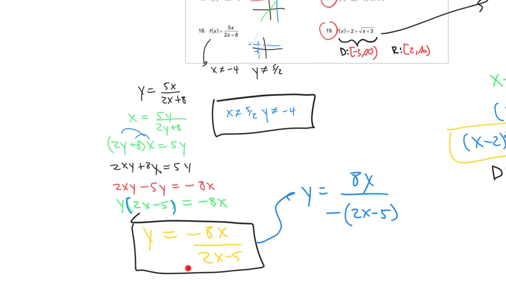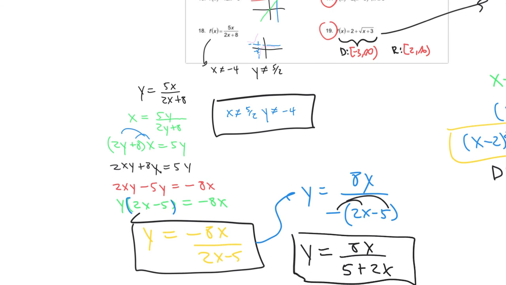So this negative could go down here. Why not? And you could also distribute the negative into the parentheses on the bottom. So if you were intent on making sure that the fraction looks like a positive fraction, you could go ahead and distribute that, and it would become 5 plus 2x down there. And that's the answer the teacher gave.